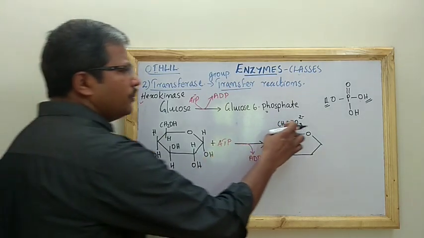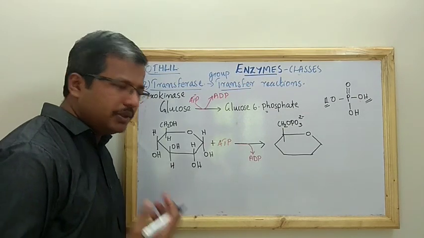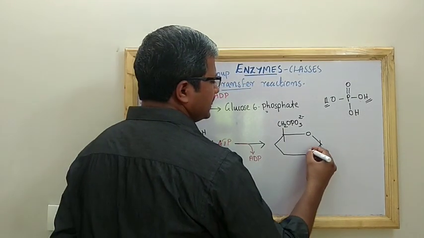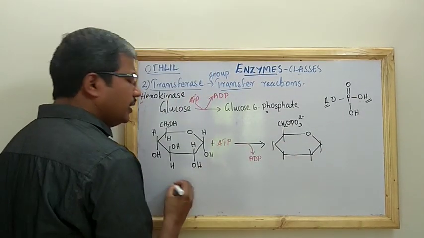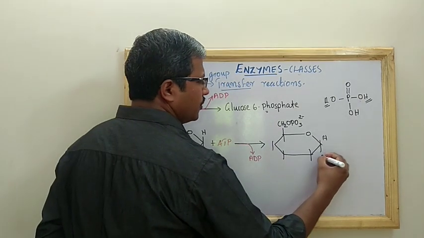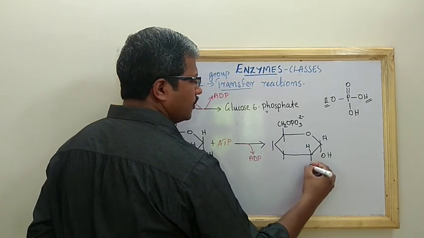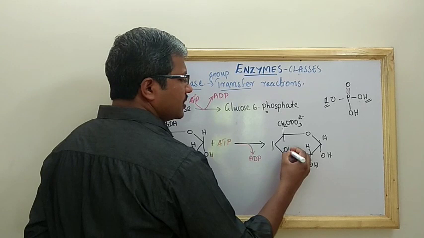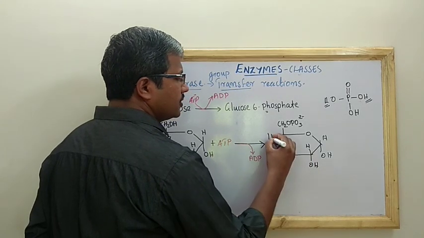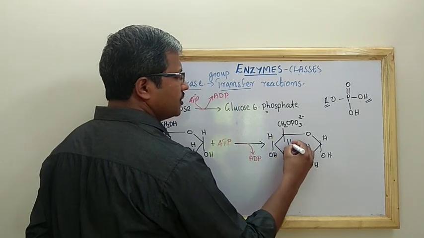So OPO3 2 minus, the phosphate group, is added, and the remaining portion is exactly the same as what we have drawn here: H, OH, H, OH, OH, H, H, OH, H.